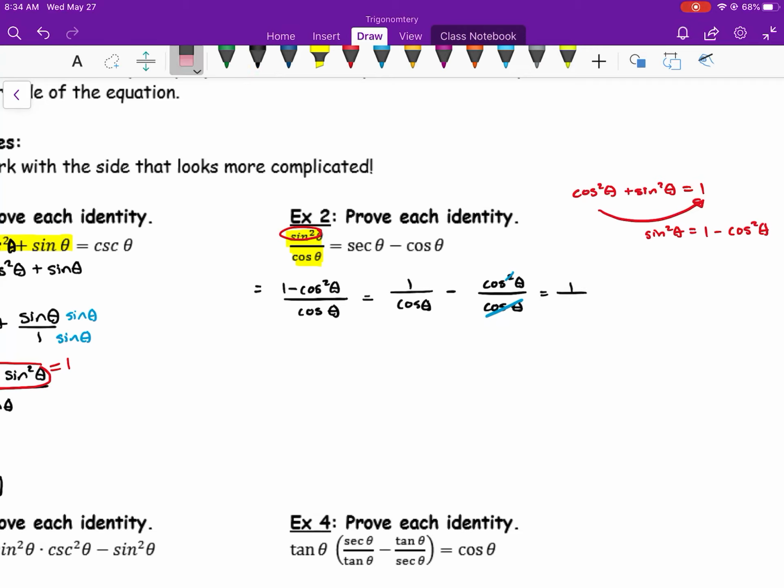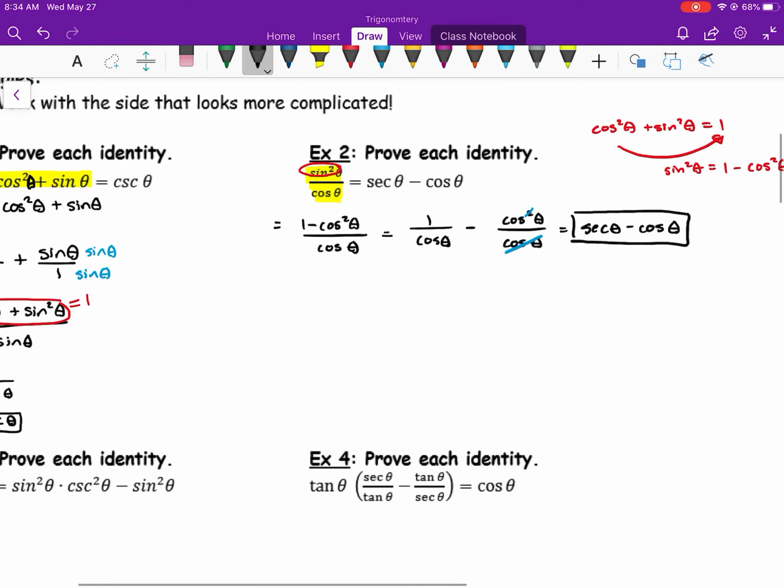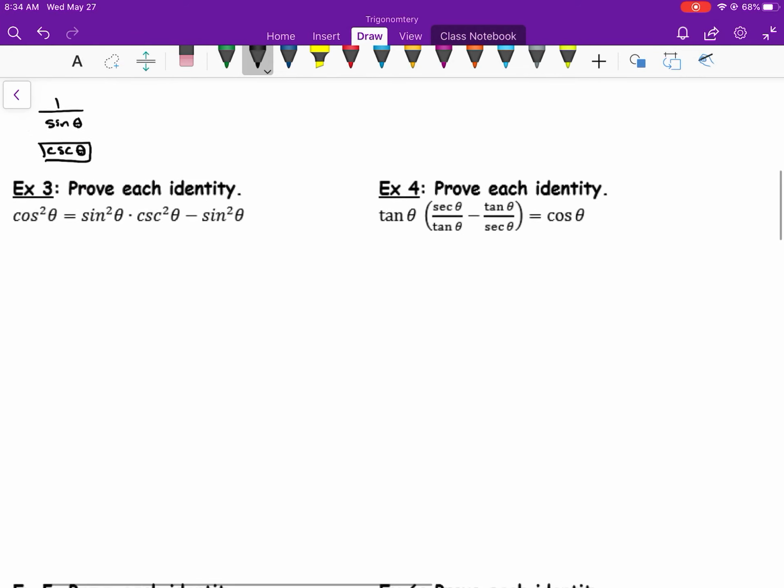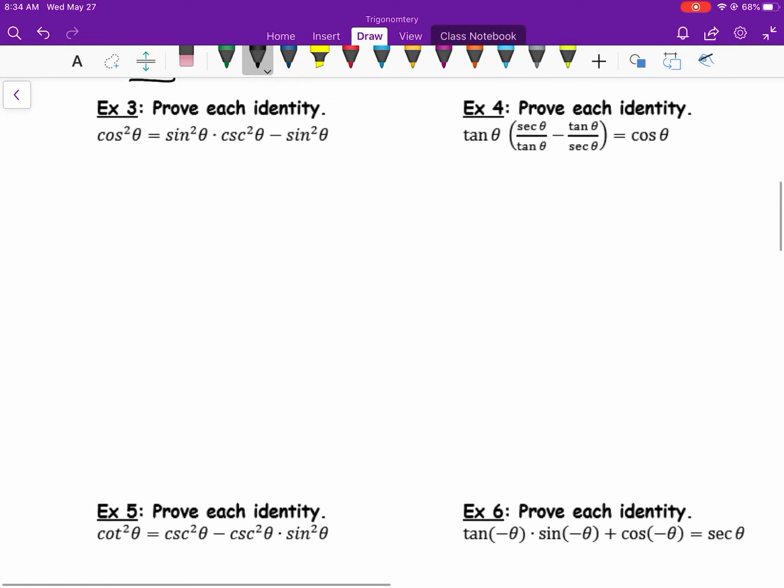I know 1 over cosine is secant. So secant of theta minus cosine of theta. And that is what we wanted. So we are done with Example 2. Some of them are really easy and flow real nice. Some of them take a little longer.